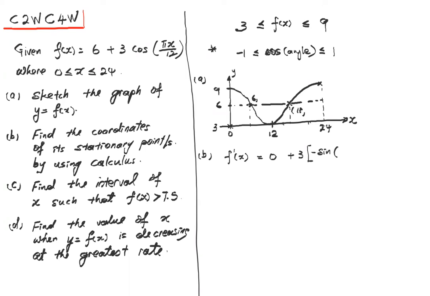Copy down the angle, pi by 12x. Right? So I have to find the derivative of the angle, the rate of change of the angle, which is pi by 12.